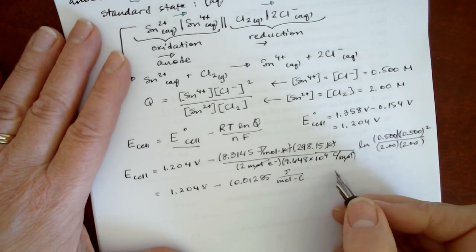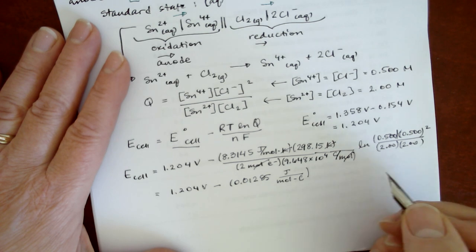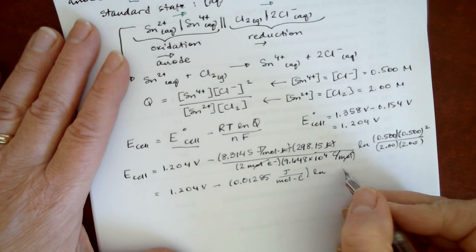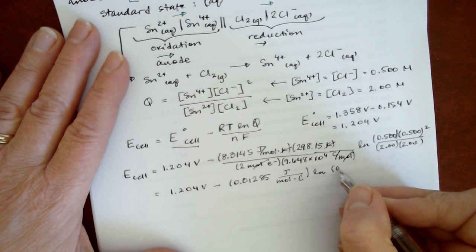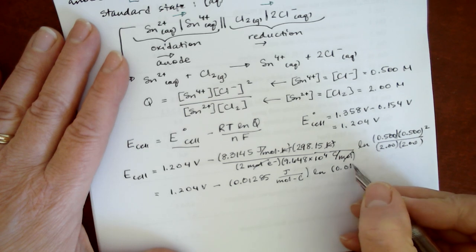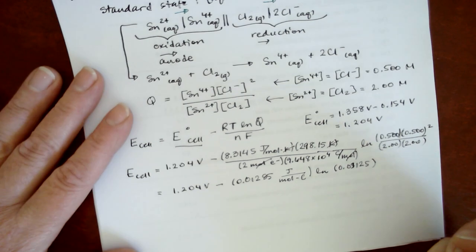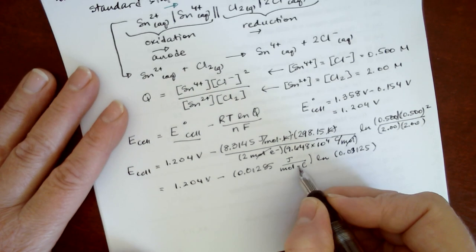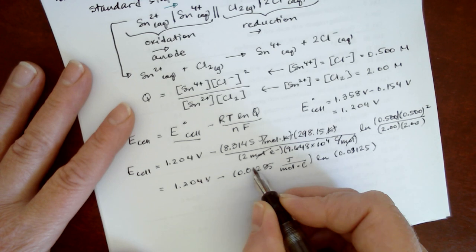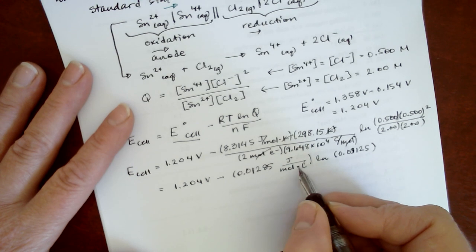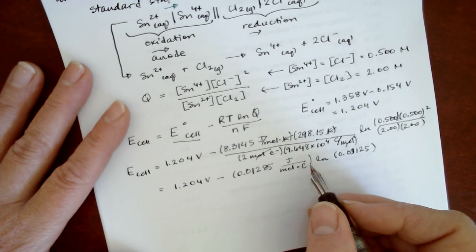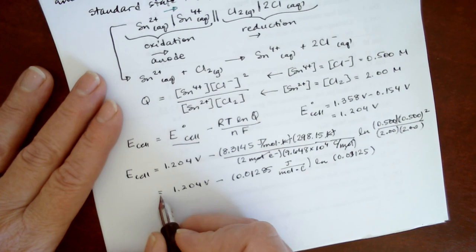Anyway, I'm not going to worry about it. Natural log of 3125. I'll have to go away and figure out where the other mole goes. But I'm confident that the units do work out here.